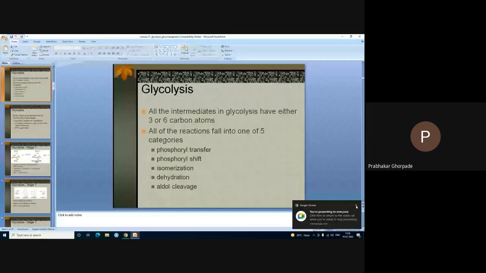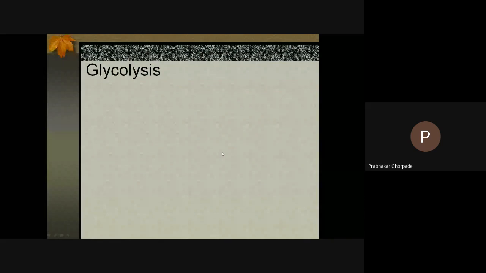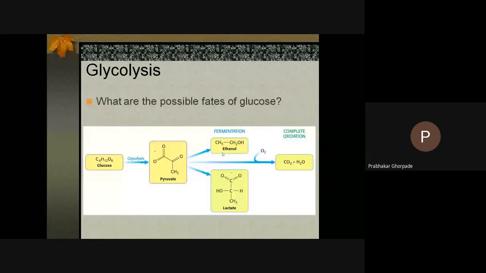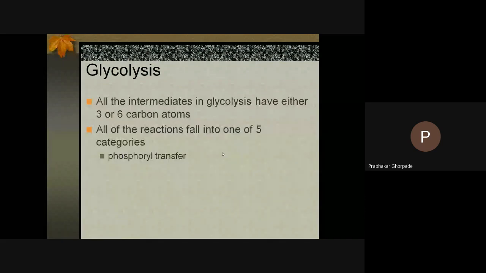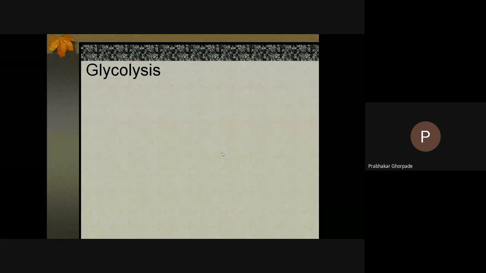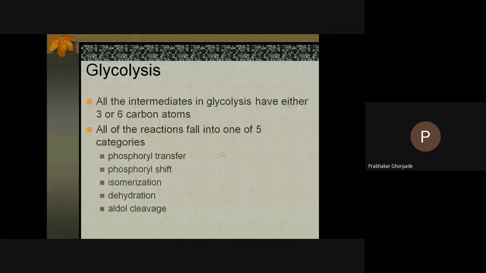So glycolysis can have either 3 or 6 carbon atoms, right? All the reactions fall into one of 5 categories.